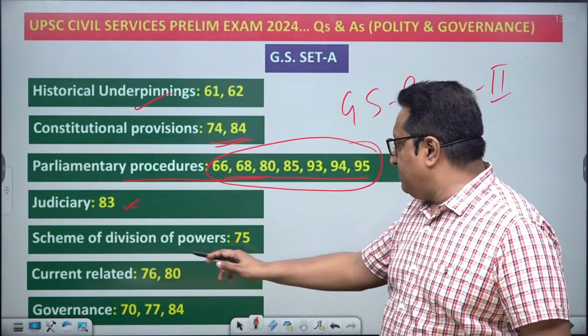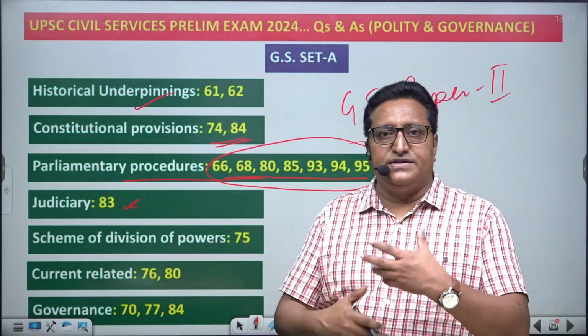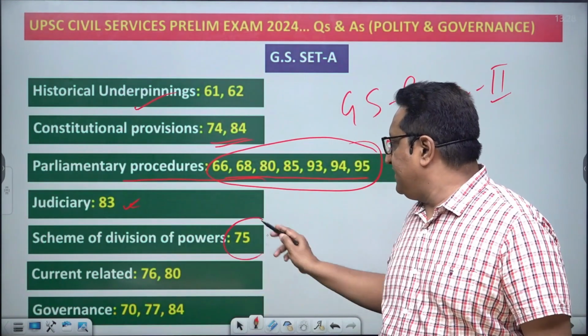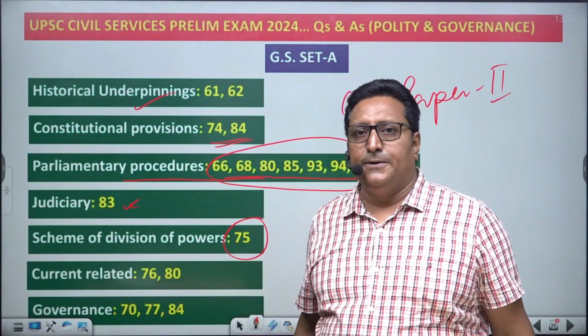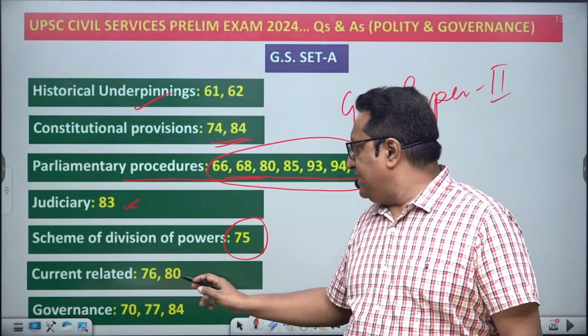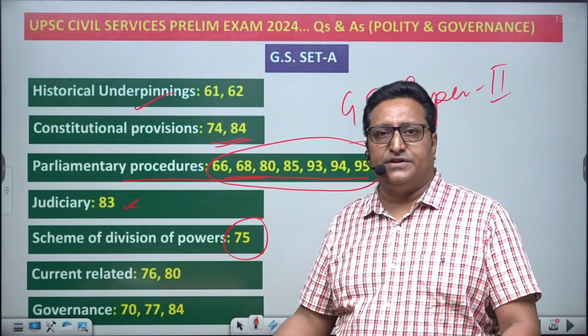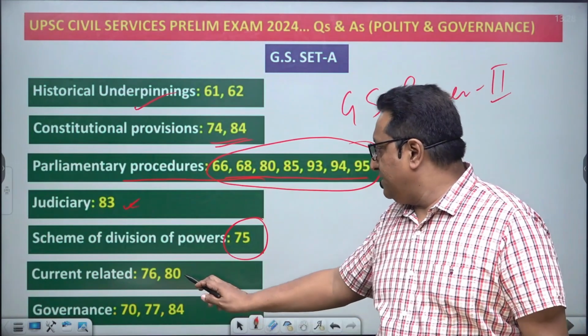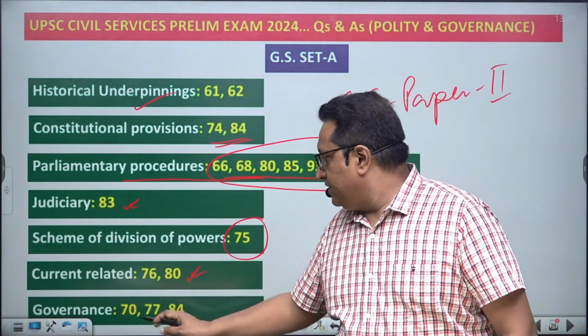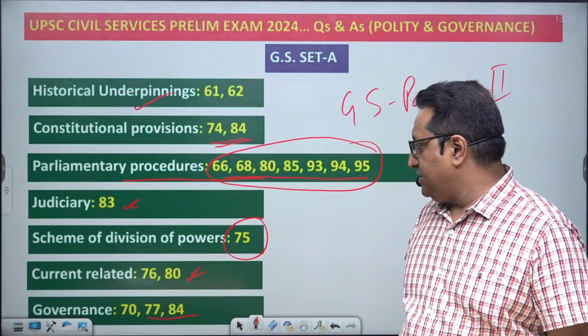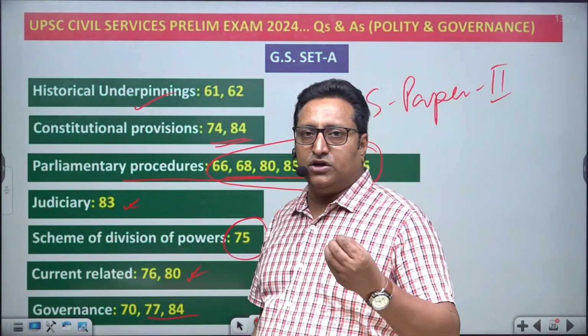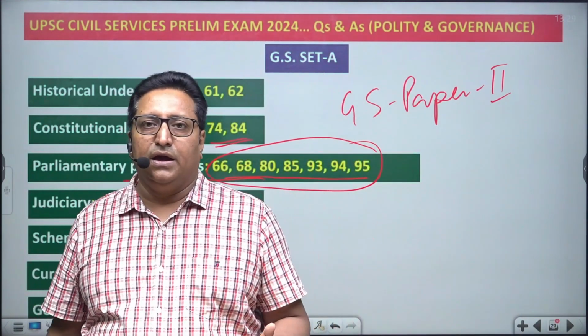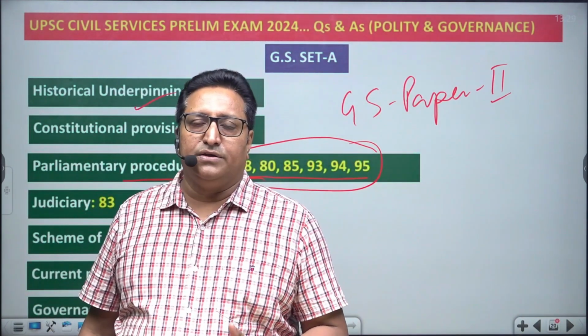A scheme of division of powers, that is federation, the federal system, this has been asked, like interstate trade and commerce, etc. And current related topics like the ethics committee or such questions relating to that have been asked. And governance questions have been asked, like institutions such as the Northeastern Council and other institutions.